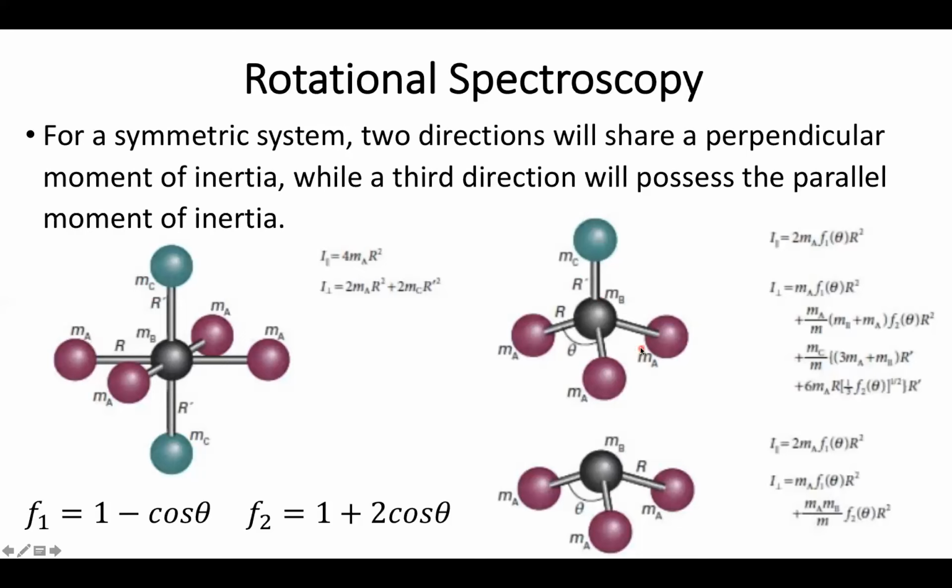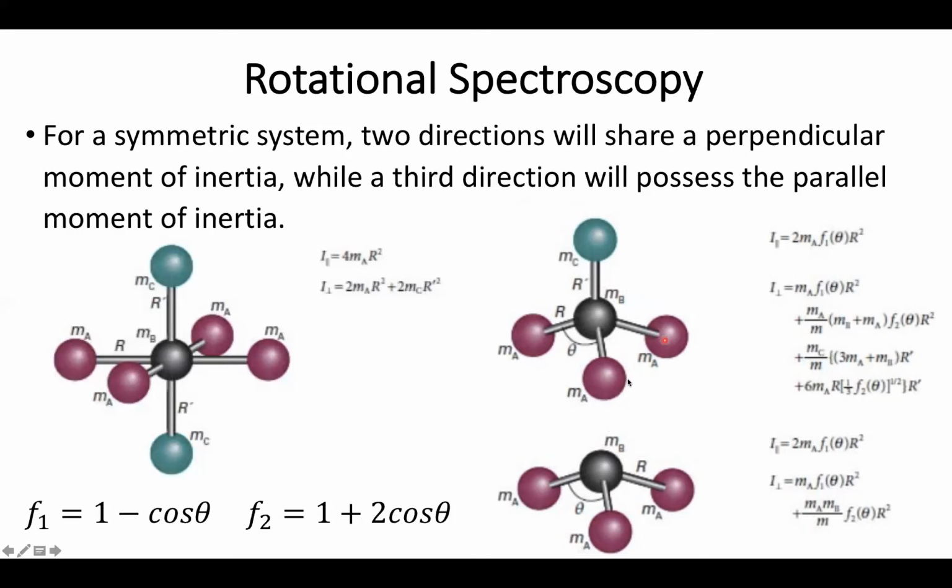In this case, I'm going to have one parallel axis, which will be rotation about the principal axis of rotation, thus parallel. But I'll also have two perpendicular axes, which will go in this direction and then in this direction.